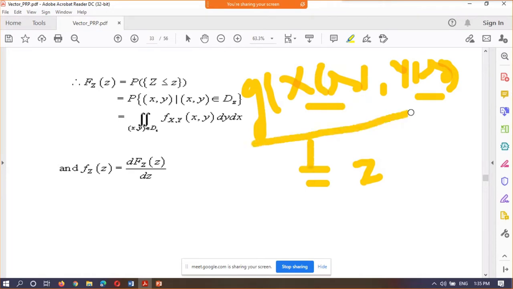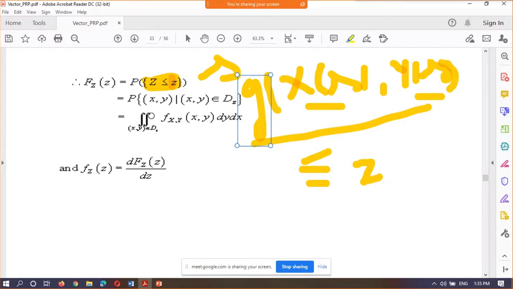If this value is less than or equal to this given particular small z, then that belongs to this event, capital Z less than or equal to z. So it is a collection of those sample points for which g of X(s) comma Y(s) is less than or equal to this small z.